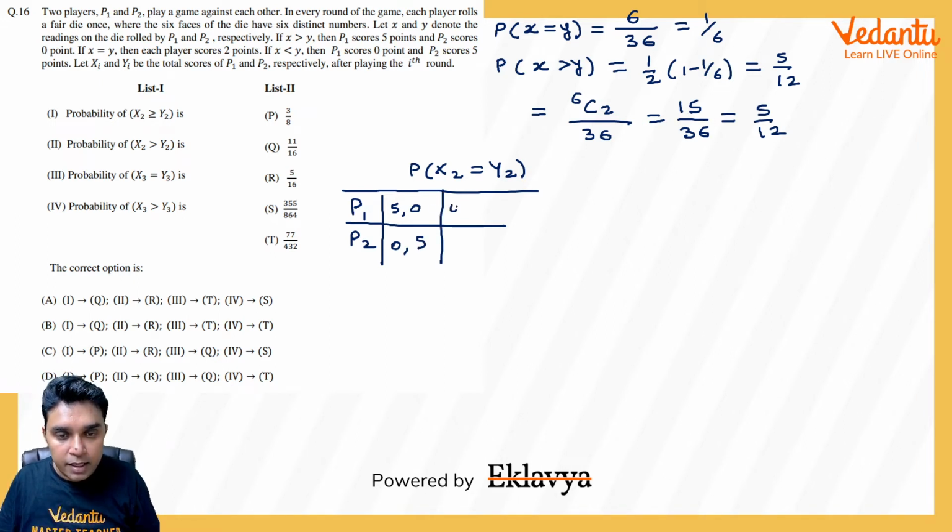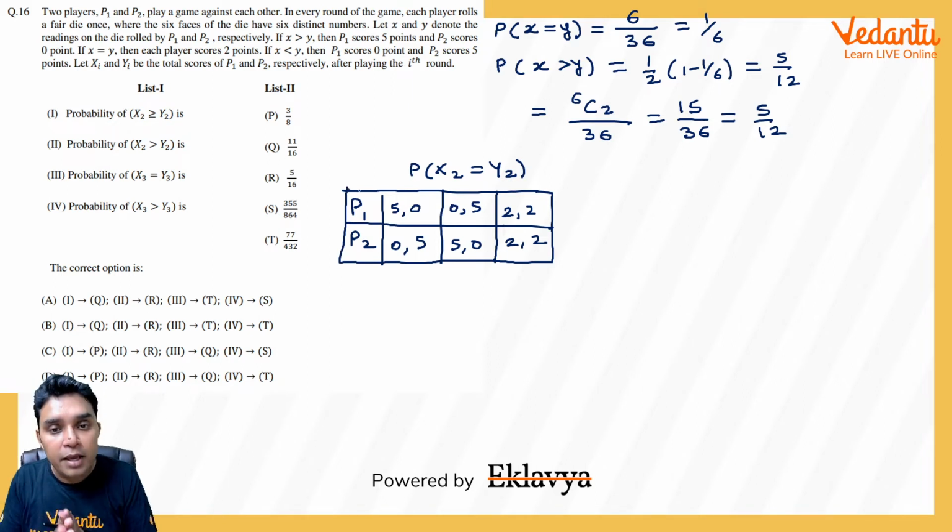You can understand 0, 5 and 5, 0 can also be written separately, or 2, 2, 2, 2 when both draw, meaning they are getting equal scores in their respective rounds. There is no other way in which you can get the same score for P1 and P2. One win, one loss for both, or both draw. Now let us try to find the probability of this.